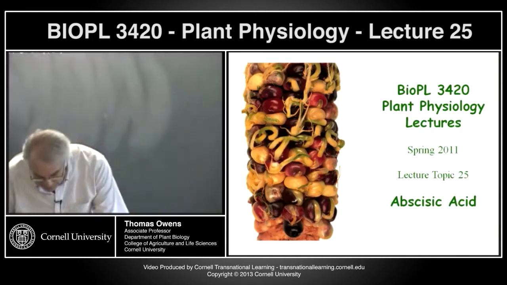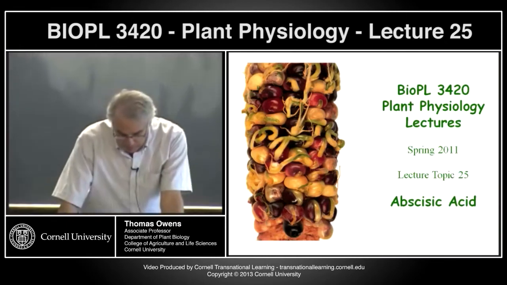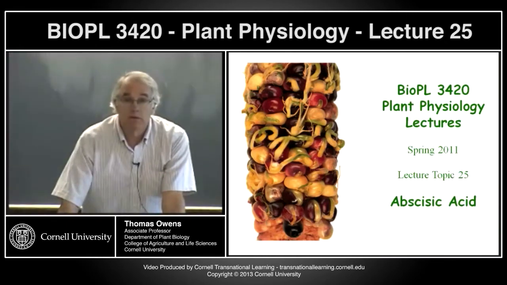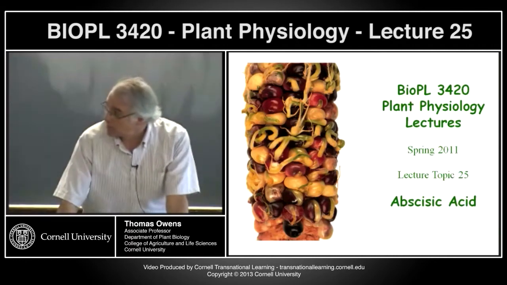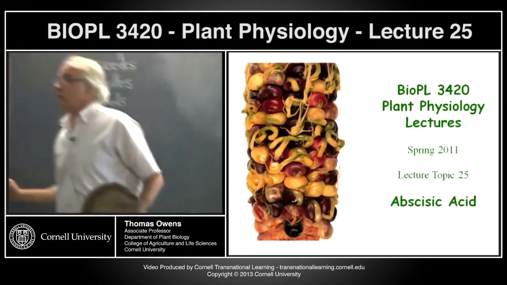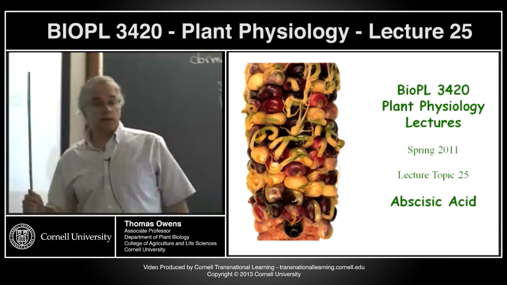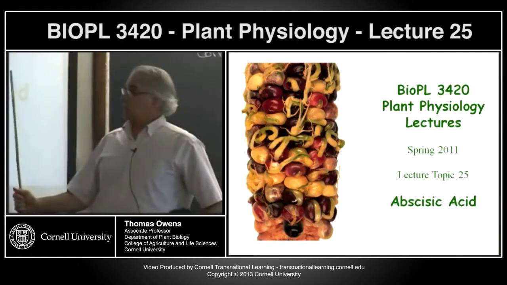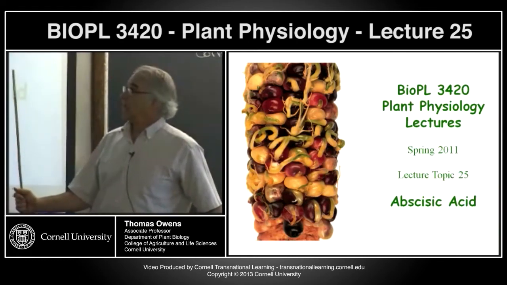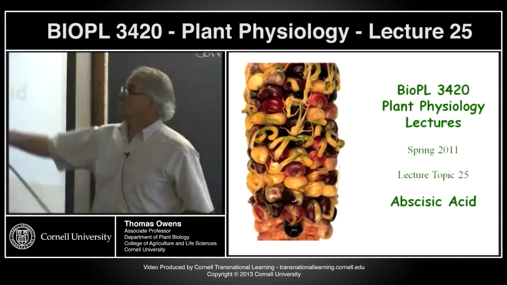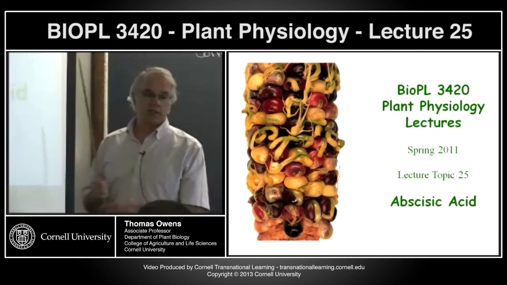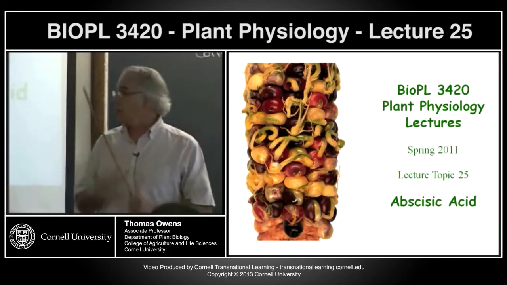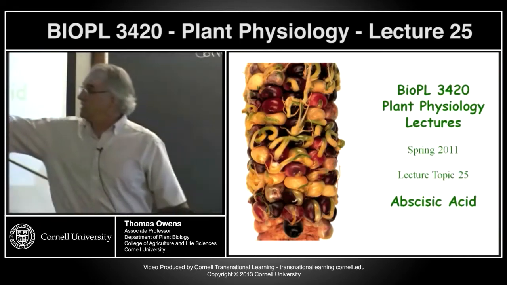So ABA was discovered in trying to understand what controls and what releases dormancy. This picture shows one of the early mutations that affects dormancy. Here's a corn cob, and even before the corn seeds have dried down, they've germinated. We see little seedlings coming out of these.